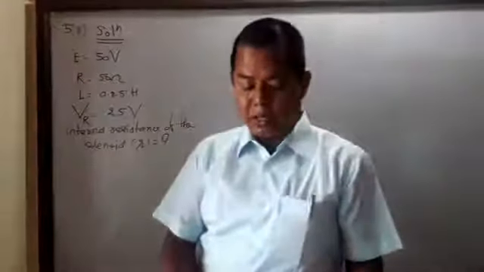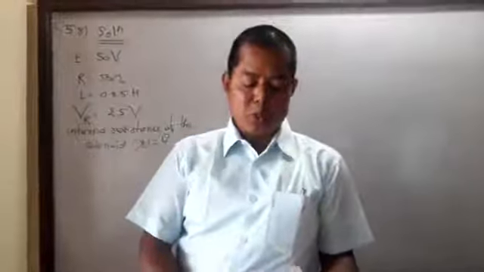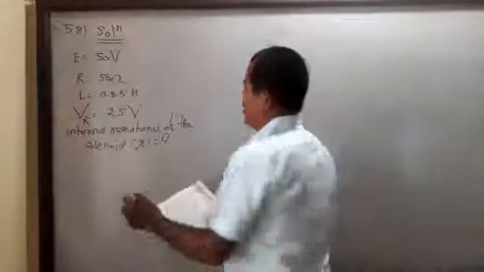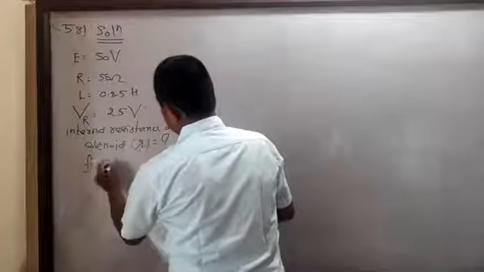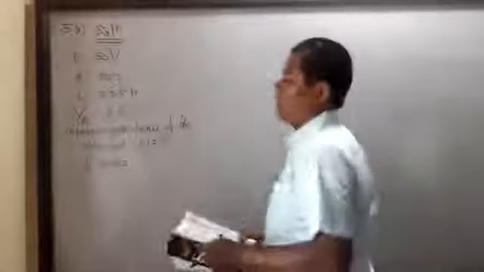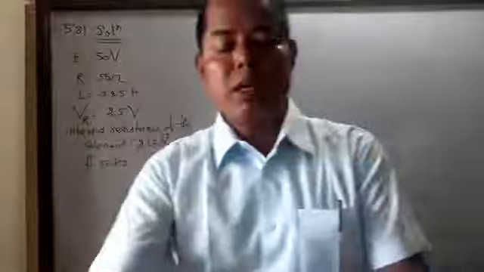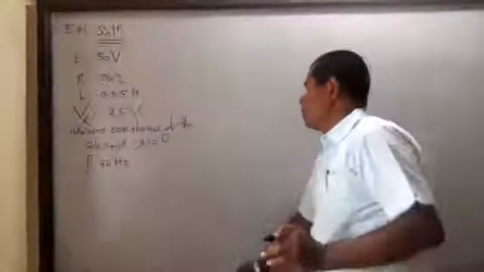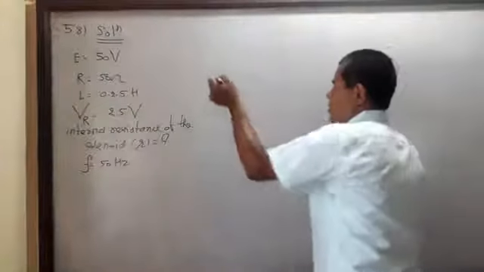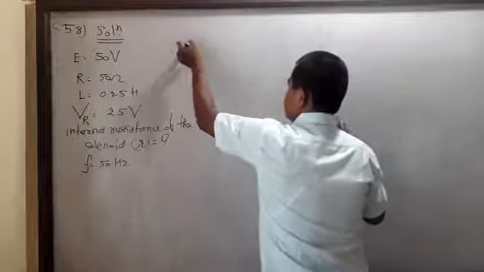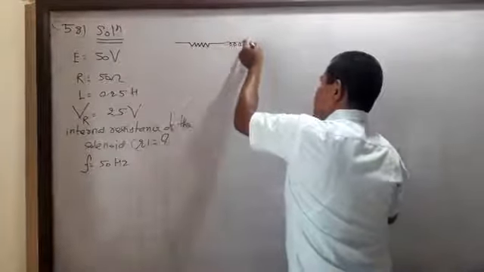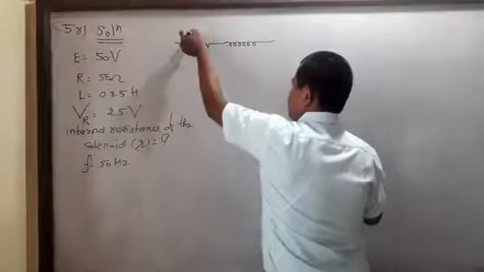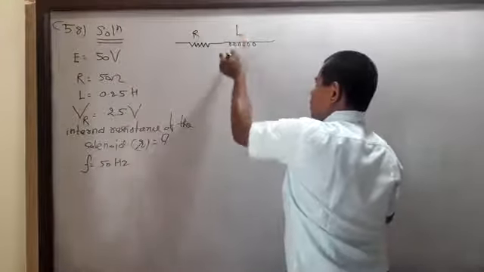Then what is it telling us? Take the frequency of the source, which is given as 50 Hz. Listen, what is this question? There is a resistor and an inductor. This is R, this is L, but this is not pure.